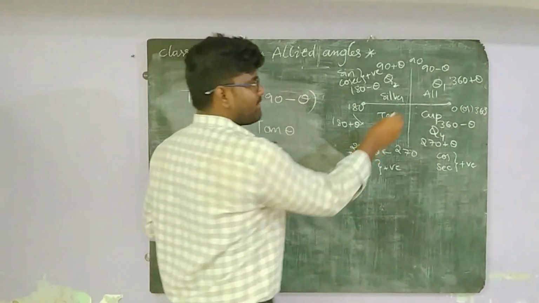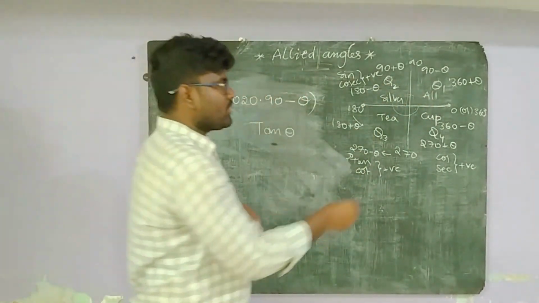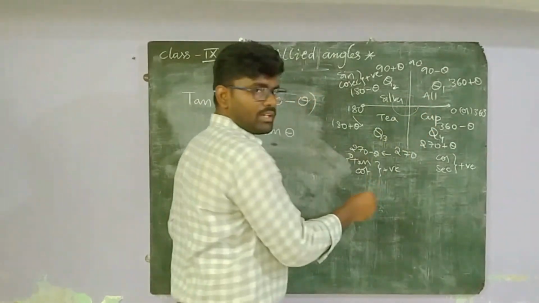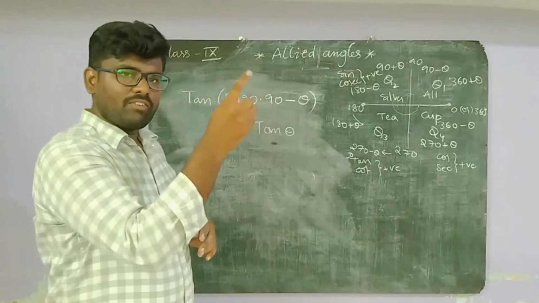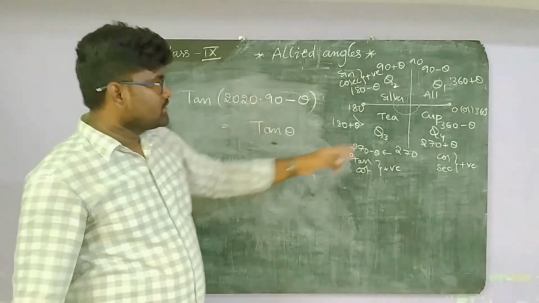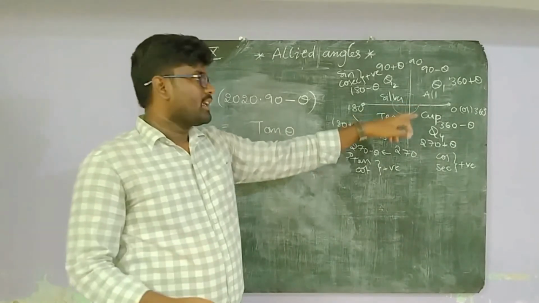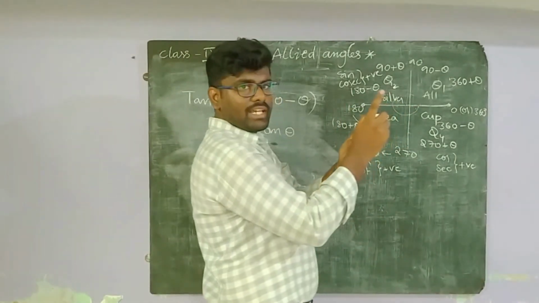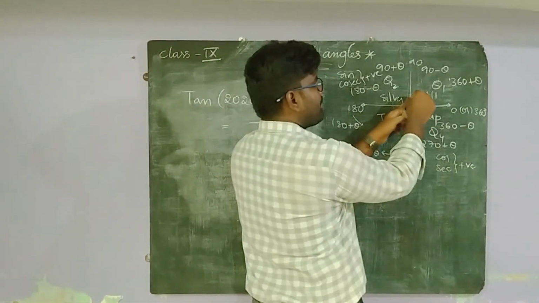Because every 4 times 90 is one complete rotation. Again 4 times 90 is one complete rotation, again 4 times 90 is one complete rotation. So if it is a multiple of 4, then the complete rotation is over. Whenever the remainder is 1, the complete rotation is over and one 90 will be there.